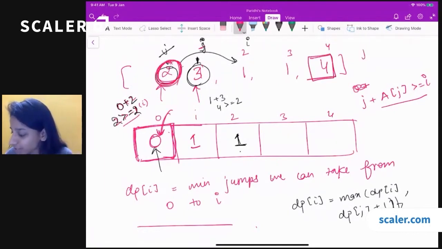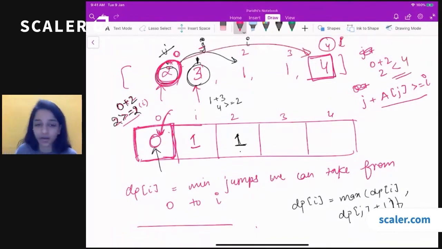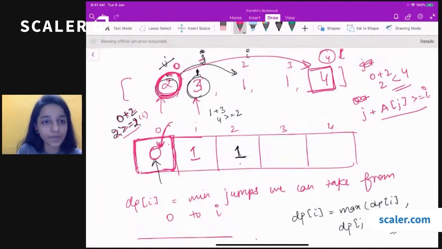So j is 0, and 0 plus 2 is 2, which is lesser than the index i. Let's say i is here, and therefore we cannot jump till here, which is why we are checking the condition. Is that clear? Sure, let's move to the next problem.